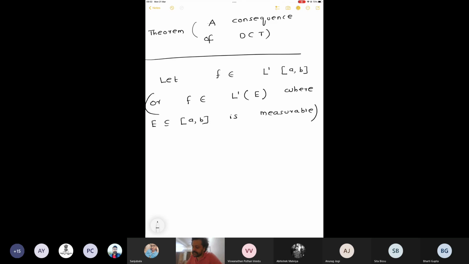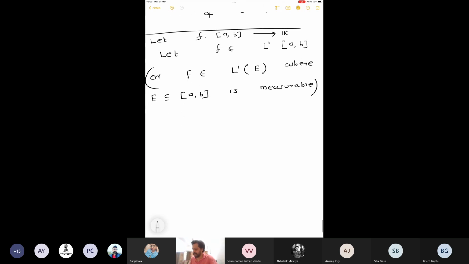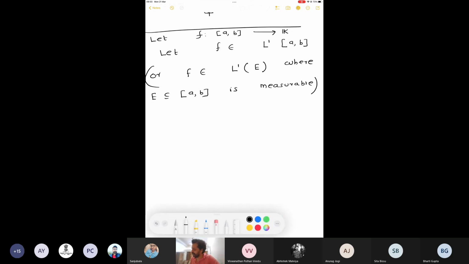Let f be a function from [a,b] to K, where K is either R or C, so a real or complex valued function defined on [a,b]. Assume that f is Lebesgue integrable on [a,b], or you can assume it is Lebesgue integrable over E, where E is a subset of [a,b]. Now what the theorem says is the following.